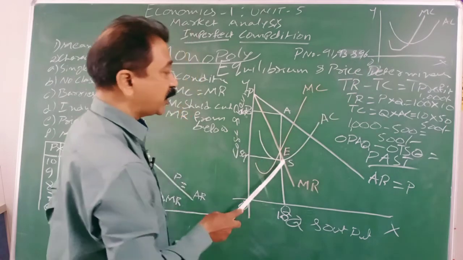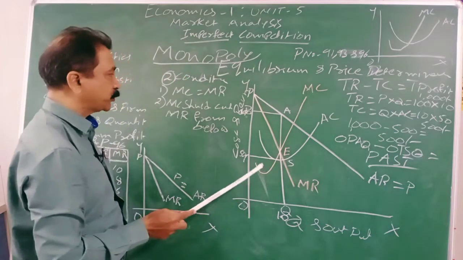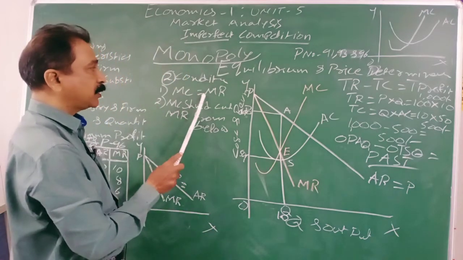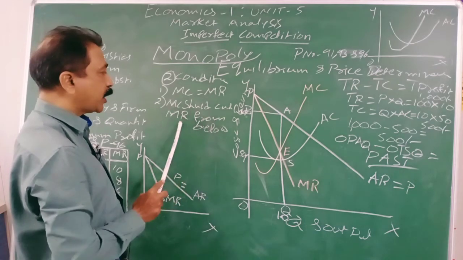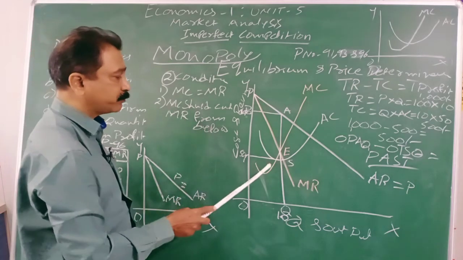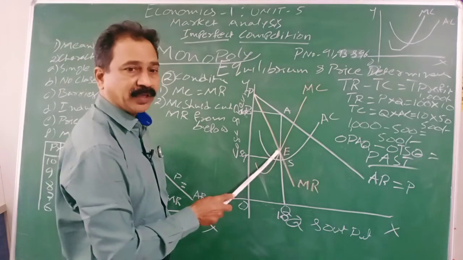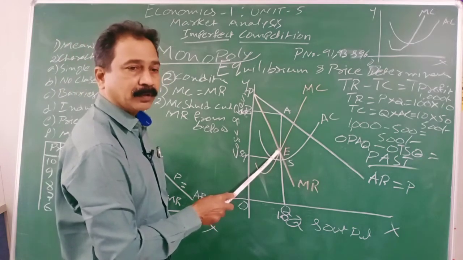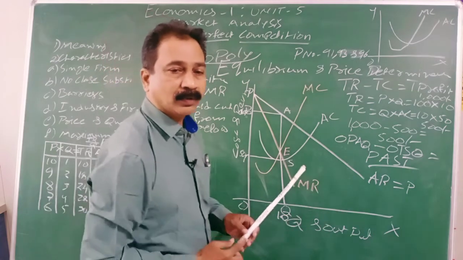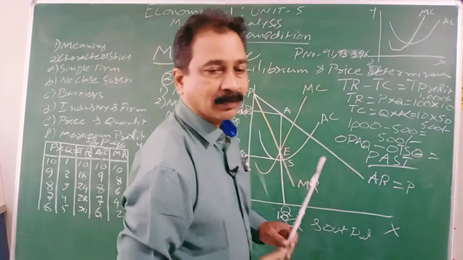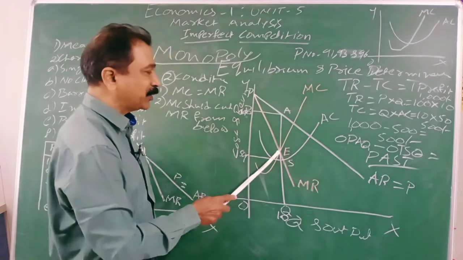Okay, there are two conditions for the equilibrium. Those conditions are MC should be equal to MR and MC should cut the MR curve from below. See, MC and MR become equal, and that also from below.